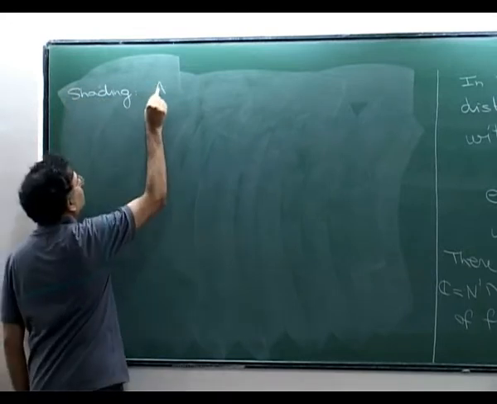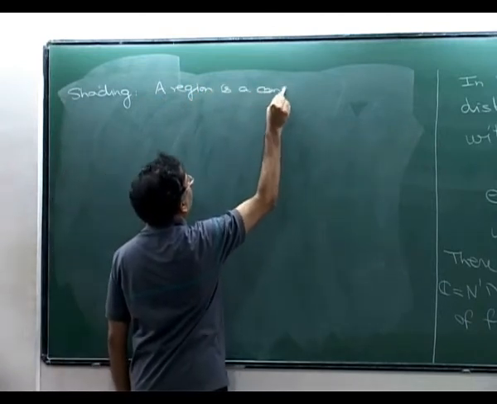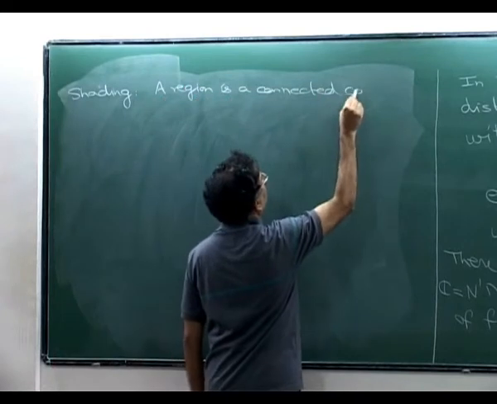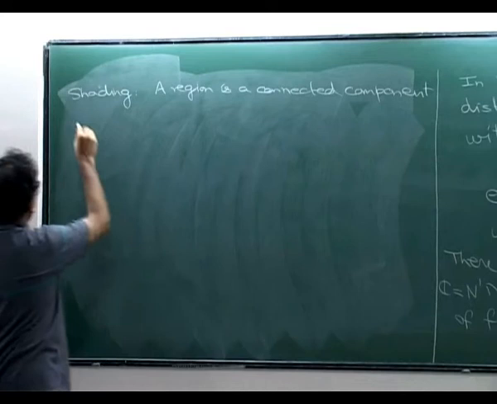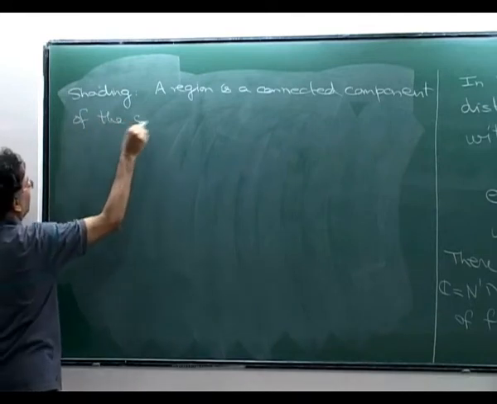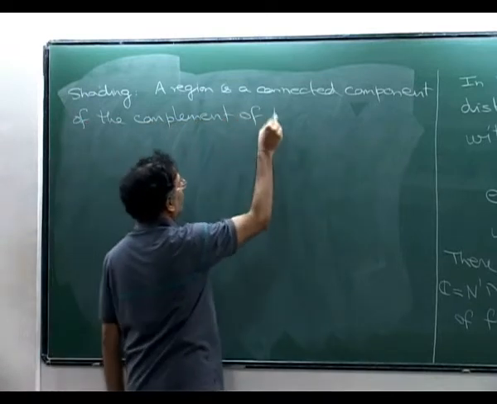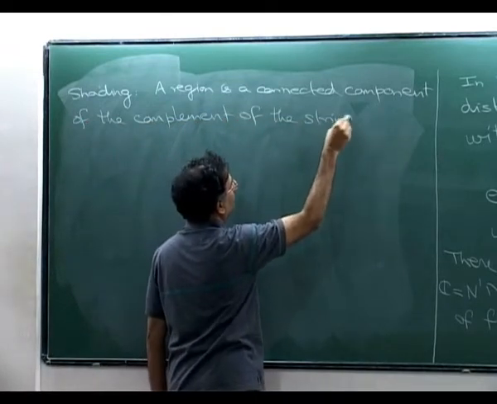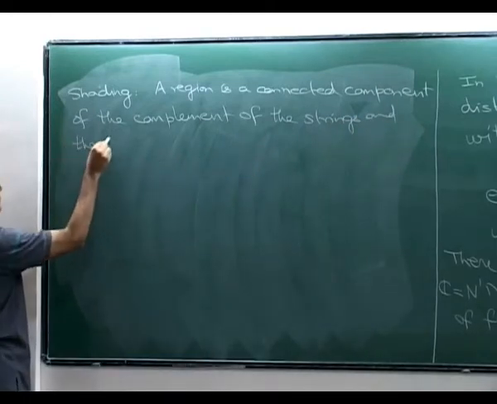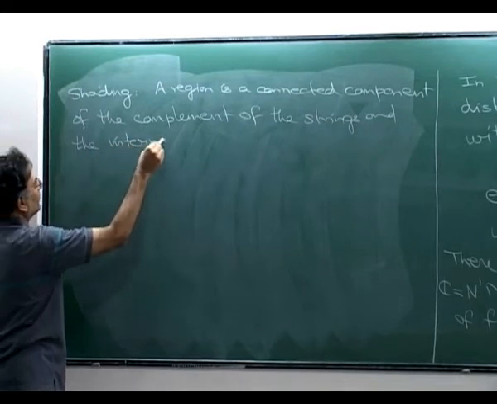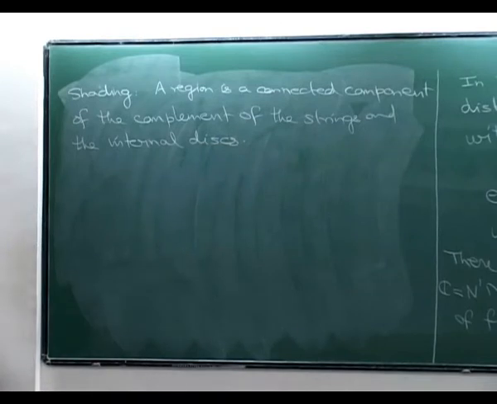A region is a connected component of the complement of the strings and the internal disks. That's just a formal definition. You can see what the regions are.